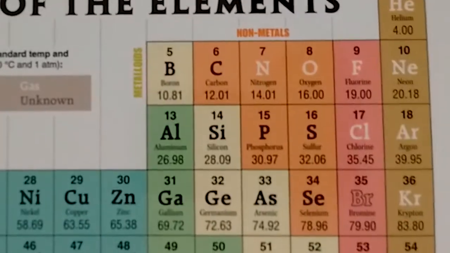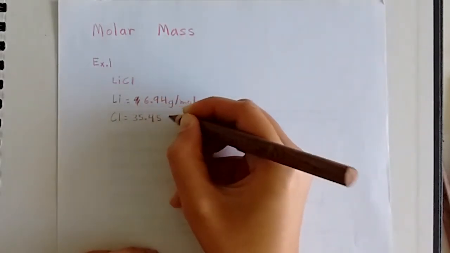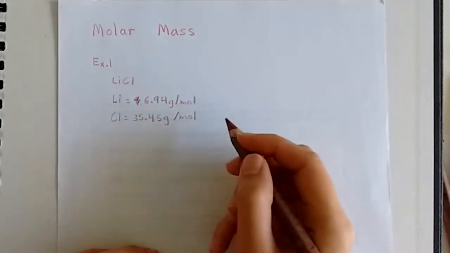And then for chlorine, we have 35.45 grams per mole. These are just the units.